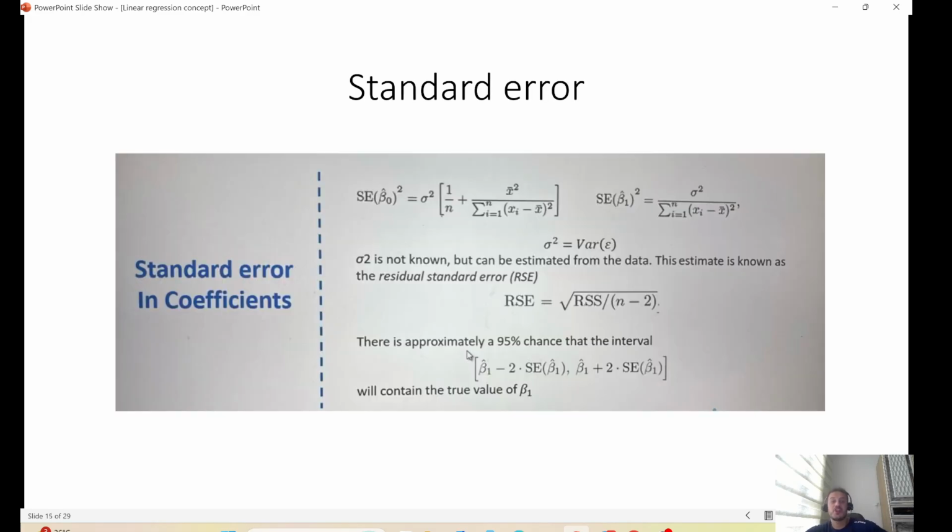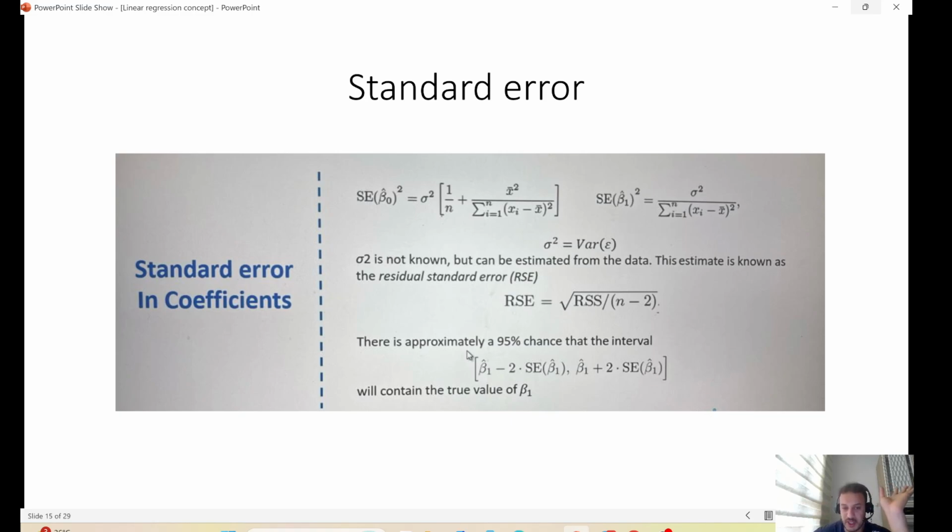So this is the equation where you calculate the standard error, the uncertainty, for your beta 0 and beta 1. This is the equation. As I told you, you don't need to worry about them. I'm just going to explain them, but you don't need to worry. They will give it to you directly when you run the model.